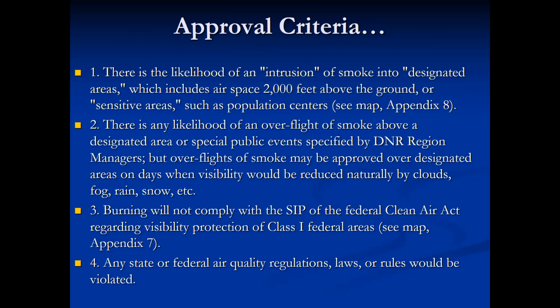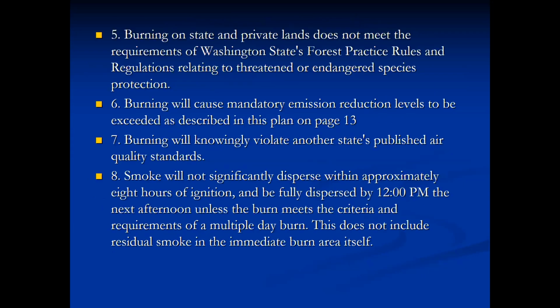We have to maintain for class 1 federal areas. That's the visibility protections. We have to make sure we're not violating any other federal air quality regulations or laws. So we have emissions caps that we're required to meet, all that kind of stuff. At some point in time, we haven't gotten here in decades.